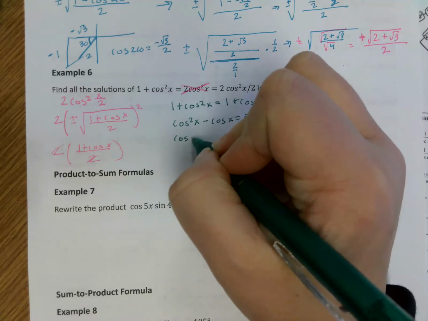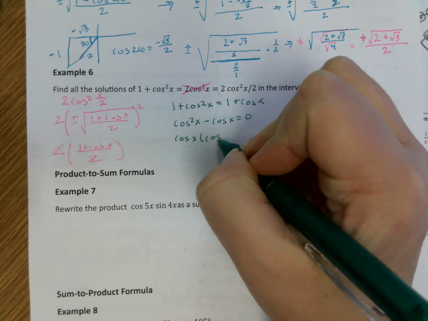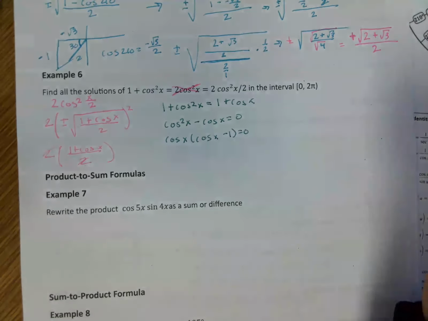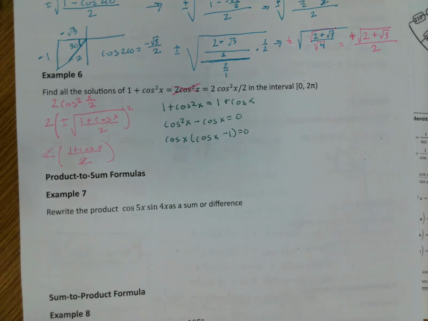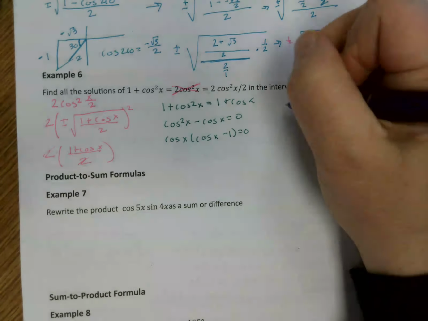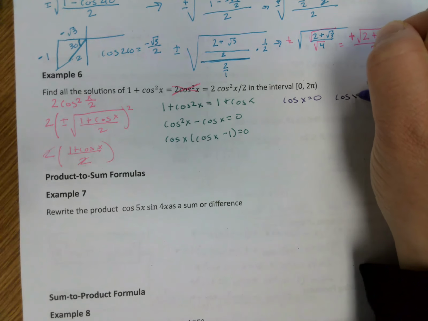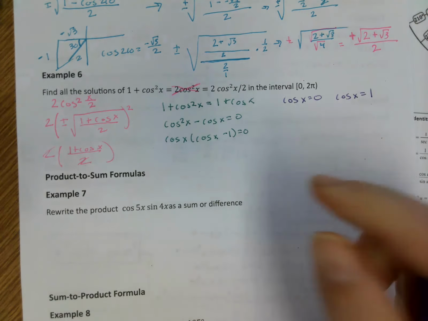I can factor out a cosine x here, leaving me with a cosine x minus 1, both of these equal to 0. So now what I am actually solving here is my cosine x equals 0 and my cosine x equals 1, because I would add that 1 over.